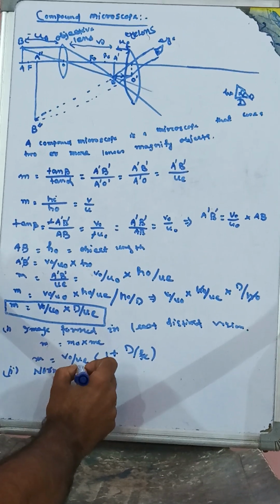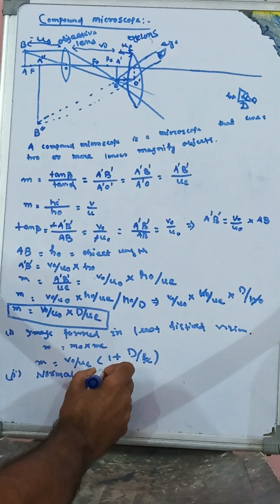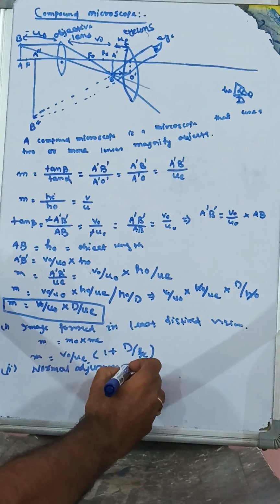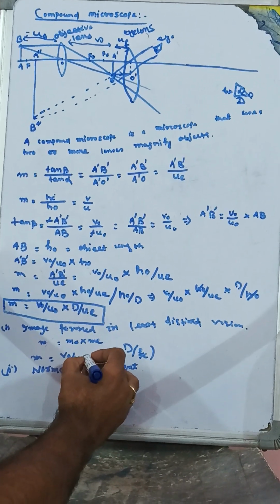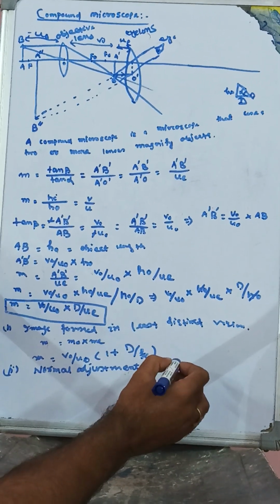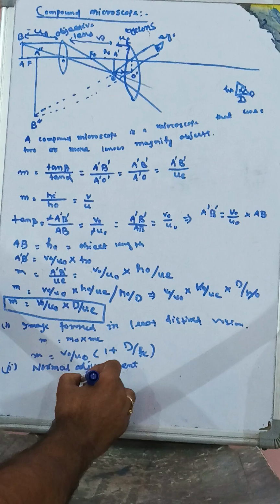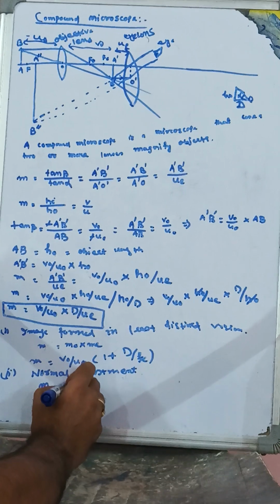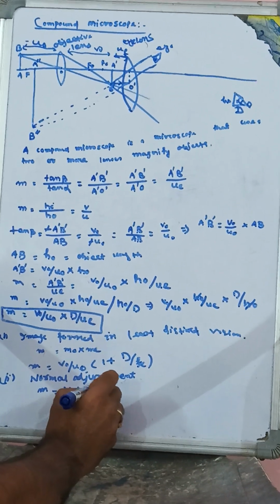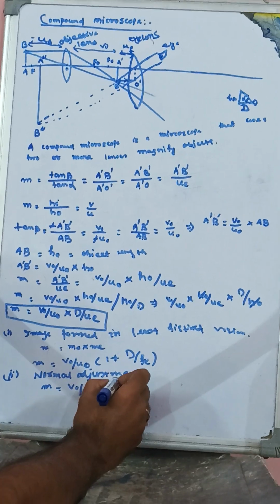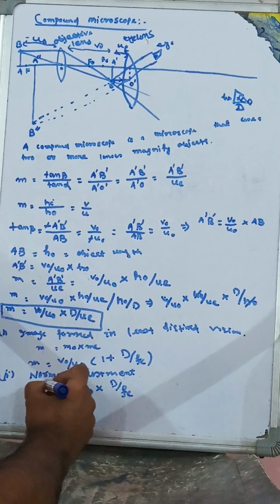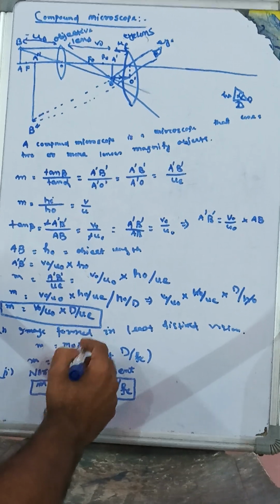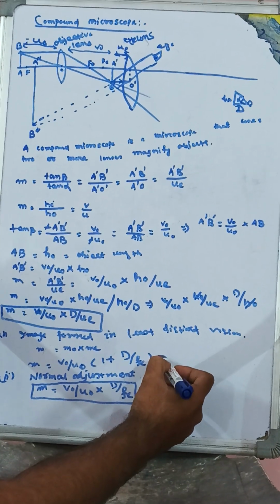In normal adjustment, M is equal to v0 by u0 into D by fe.